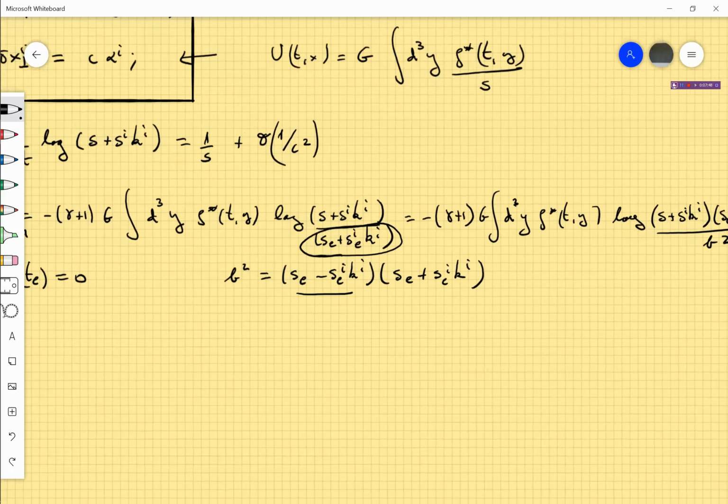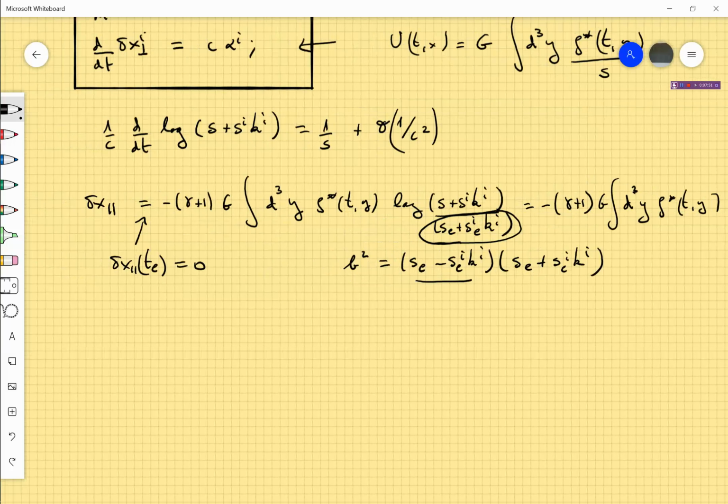Now again we use this definition for the particular case in which rho star of t, y is delta 3 of y. So it's an approximation for a spherical object at rest at the origin of coordinates.